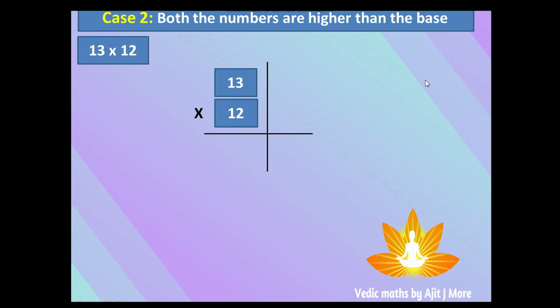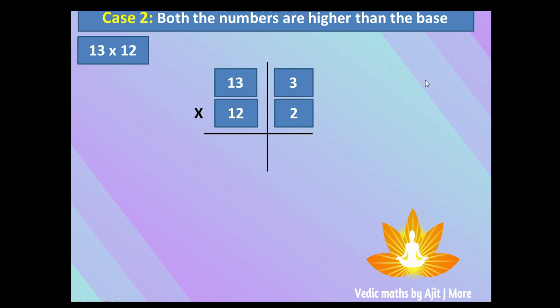Now, find out the deviation. As this comes under case 2, that is, both are greater than the base, 13 is 3 more than the base, so the deviation is 3, and 12 is 2 more than the base, so 2.